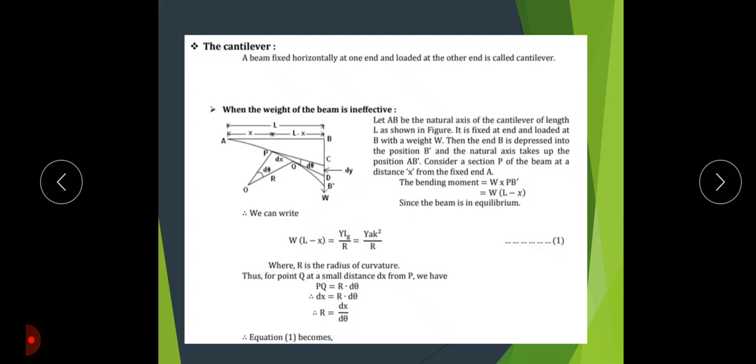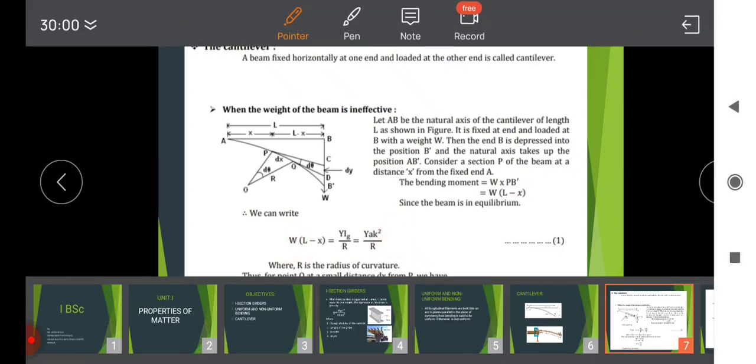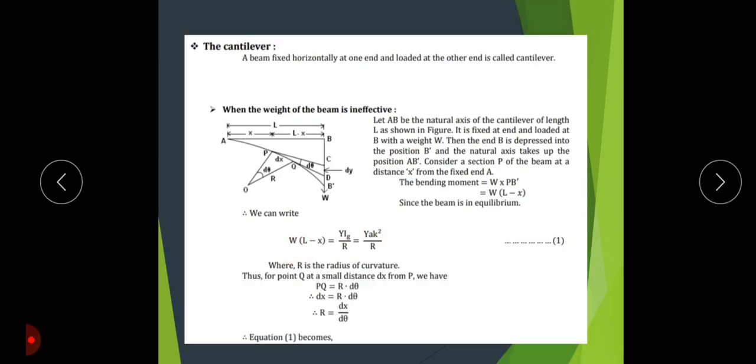Then the bending moment can be expressed as W into L minus x equals Y A K square divided by R. This is taken as equation number 1, where R is the radius of curvature.